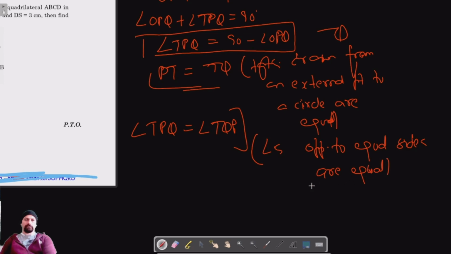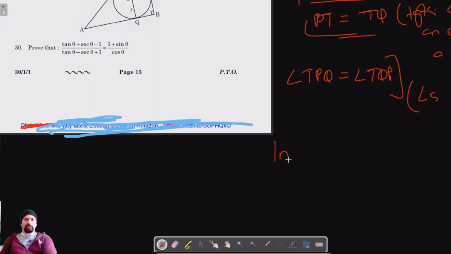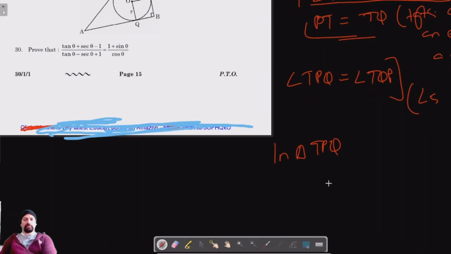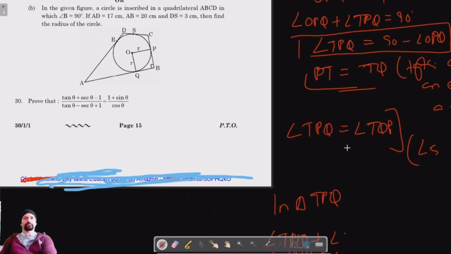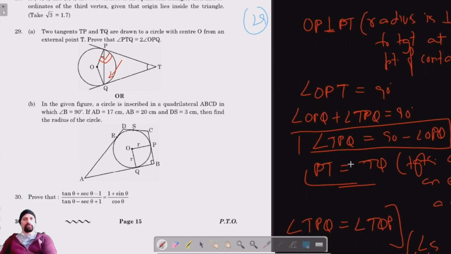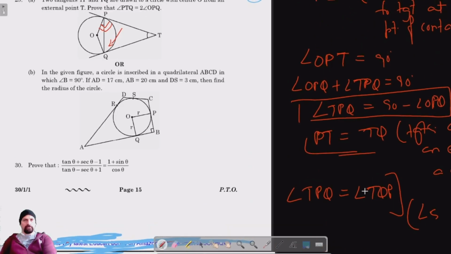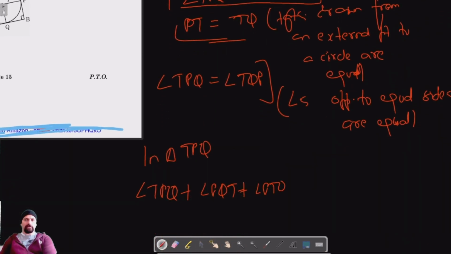So let's use the angle sum property in this triangle. In triangle TPQ, angle TPQ plus angle PQT plus angle PTQ is equal to 180 degrees. This is the angle sum property of a triangle.